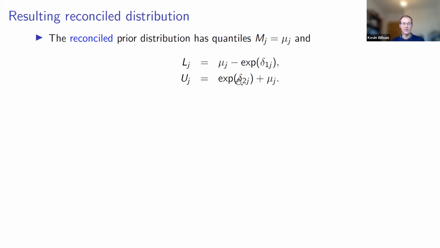And if we do that, we just get these two equations here. So once we have run the hierarchical model and got samples from our posterior distribution, we just push them through these two equations here. And that gives us samples of the posterior distribution of the decision maker for the median M, the lower quantile L, and the upper quantile U.